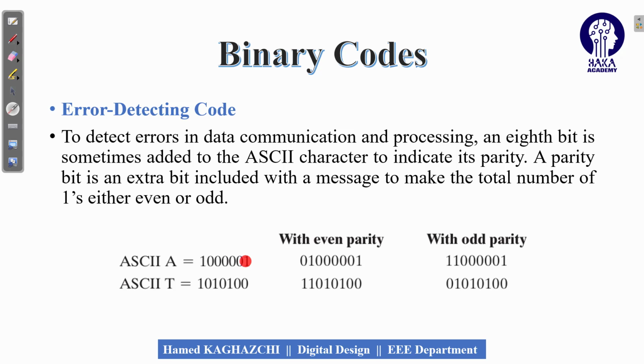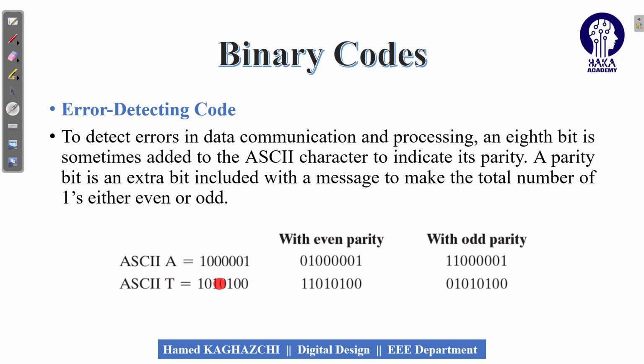So if you count the number of ones here, you can see 1, 2. And because we want to use even parity, and the number of ones here is 2, we write the 8th bit, or MSB, of our binary code as 0, because the number of ones is even.